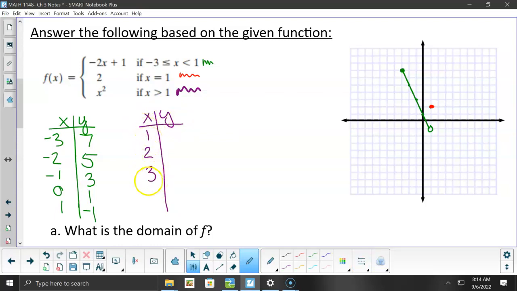I'm going to stop there because let's be honest, 4 squared is 16, and I guarantee nobody has room for that. Open circle at 1, 1, 2, and 4. Nope, went too far to the right.